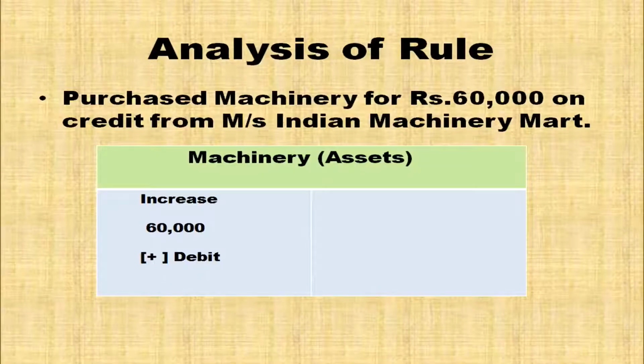So Messrs Indian Machinery Mart is credited. And machinery account is debited. Rule for asset: increase in asset is debited. So machinery account is debited and Messrs Indian Machinery Mart credited with the amount that is given in the transaction.